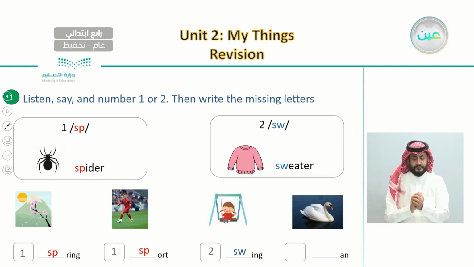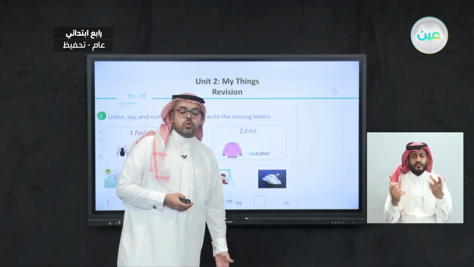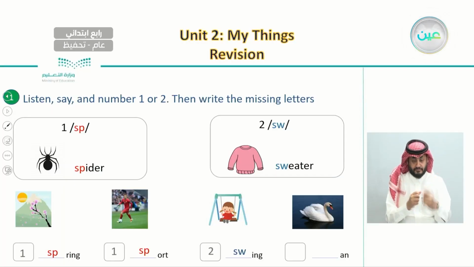So the word swan. Which of these sounds does the word swan go with? Is it with the first one that starts with S and P, or with the second one that starts with S and W? It, of course, goes with the second sound, which is number 2.